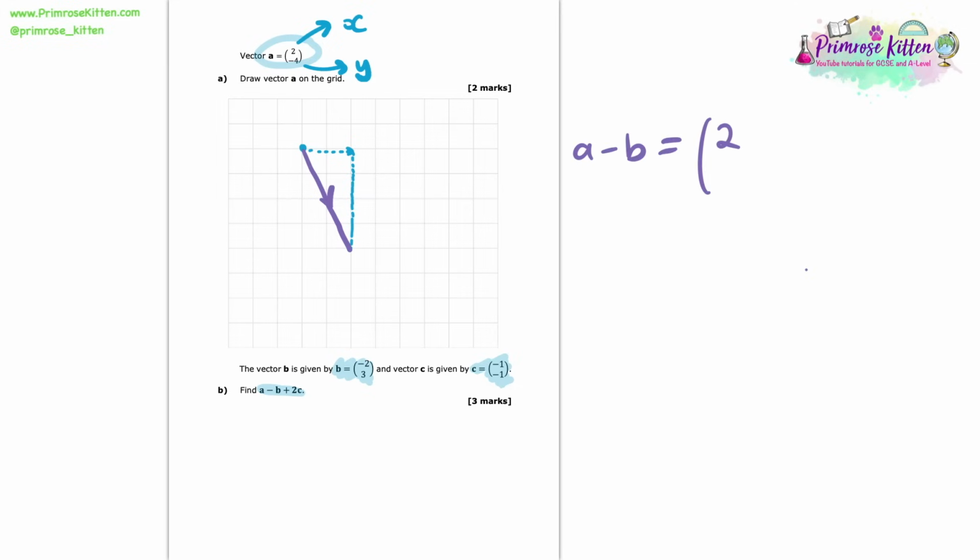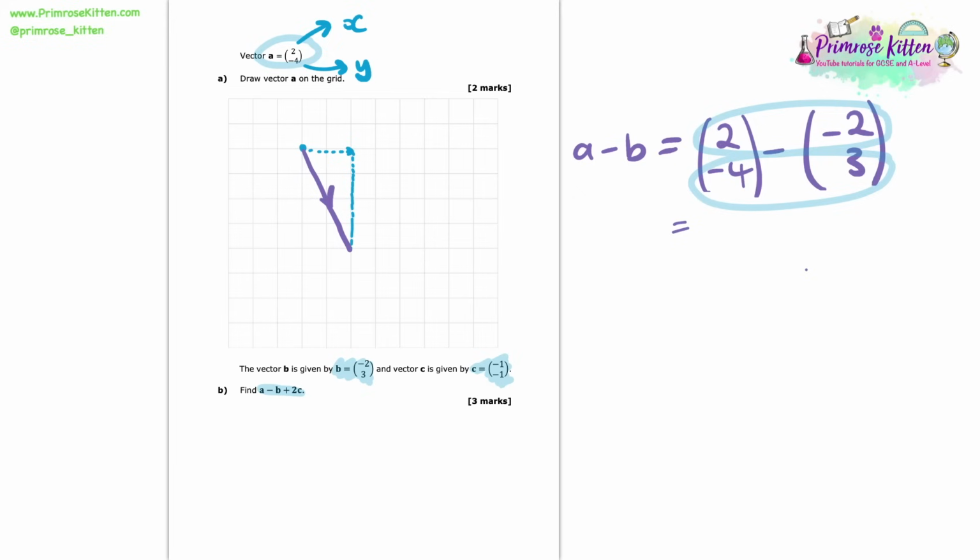So A is (2, -4), and B is (-2, 3). So what we have got here is the subtraction of 2 column vectors. Now we'll do this by subtracting across, and then subtracting across again for both the x's and the y's.